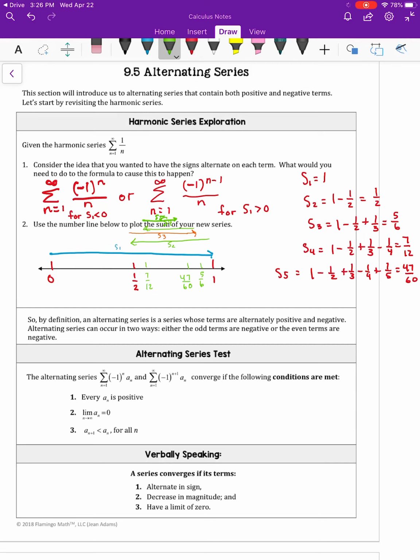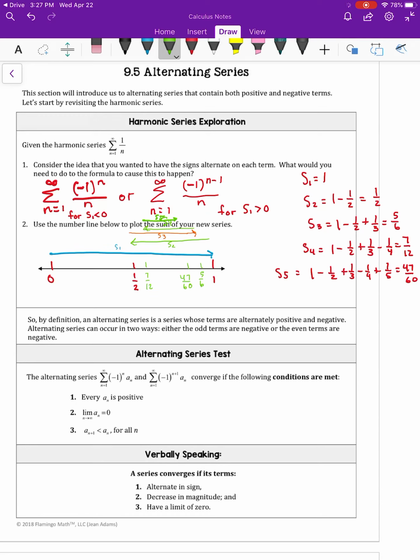And then your S sub 5 is your 47/60, so that would be from this point to your 47/60. That's your S sub 5. So you can see you're going plus, then minus, then plus, then minus, then plus, then minus.